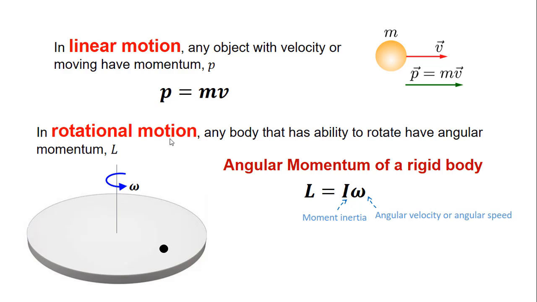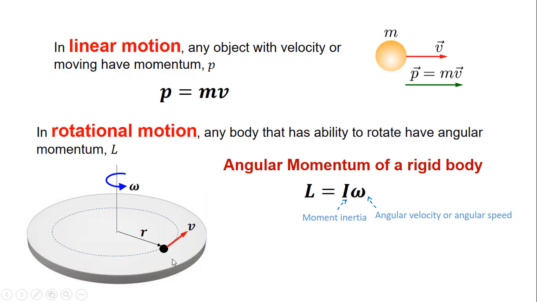If we just consider a particle on a rigid body, for example this one, and this particle is at a distance r from the axis of rotation, normally when the rigid body rotates, this particle will move in a circular path and it will have tangential velocity v.